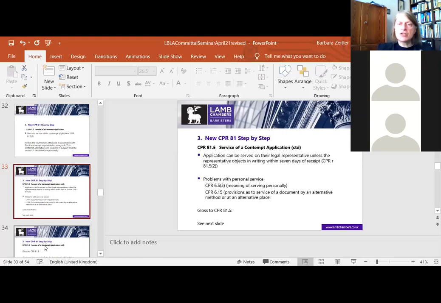And then just to highlight the rule under 81.5(2), it's possible to serve on the legal representative unless, to quote the wording, the representative objects in writing within 7 days of receipt of the application.